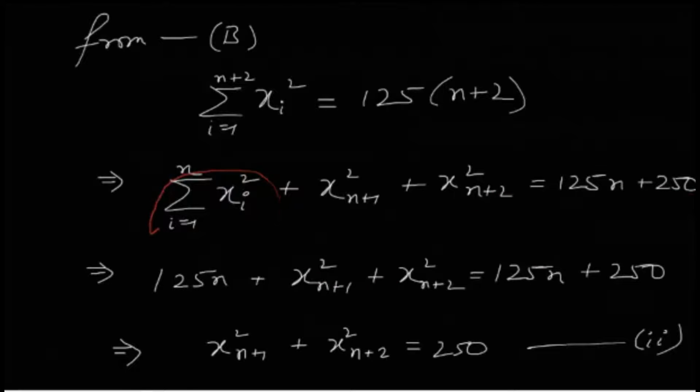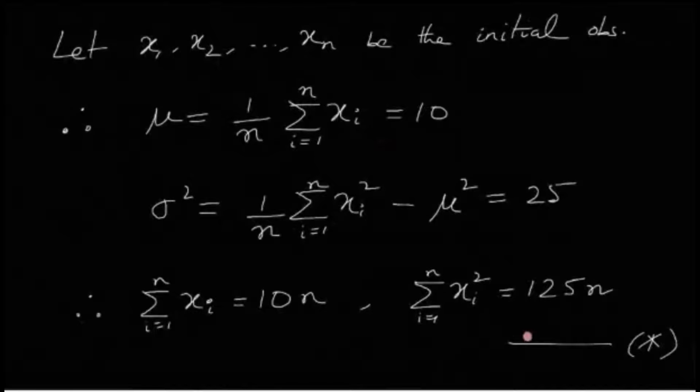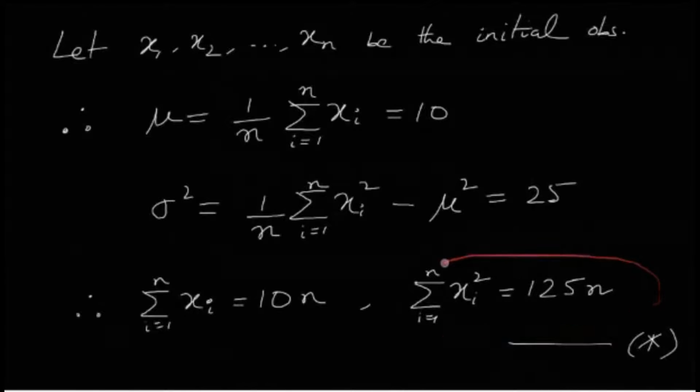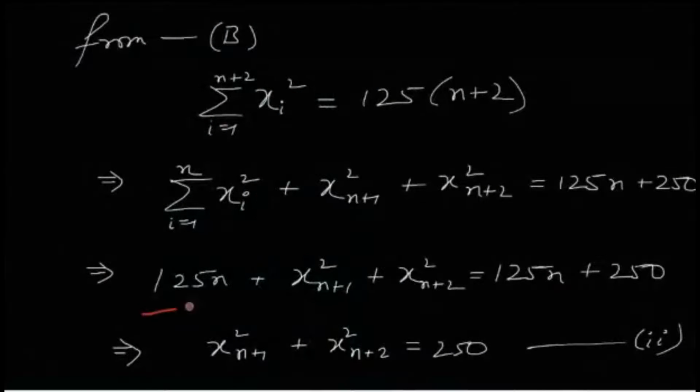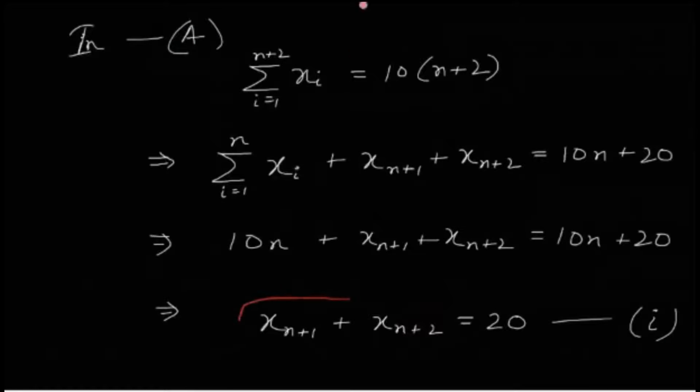This one again comes from here: summation xi square running from 1 to n is 125n. So 125n plus xn+1 square plus xn+2 square is equal to 125n plus 250. Therefore, xn+2 square plus xn+1 square is equal to 250. So I've got these two equations: the sum of their squares, and the sum.